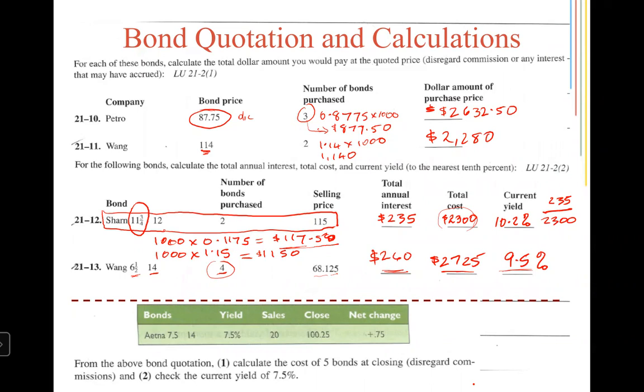Ms. Roll, can you tell us? I know it's a percent, but what does that represent? Ms. Roll, are you there? I'm here. Yeah. The 7.5 right after the Aetna. What is that telling us? I'm not sure. You're not sure.